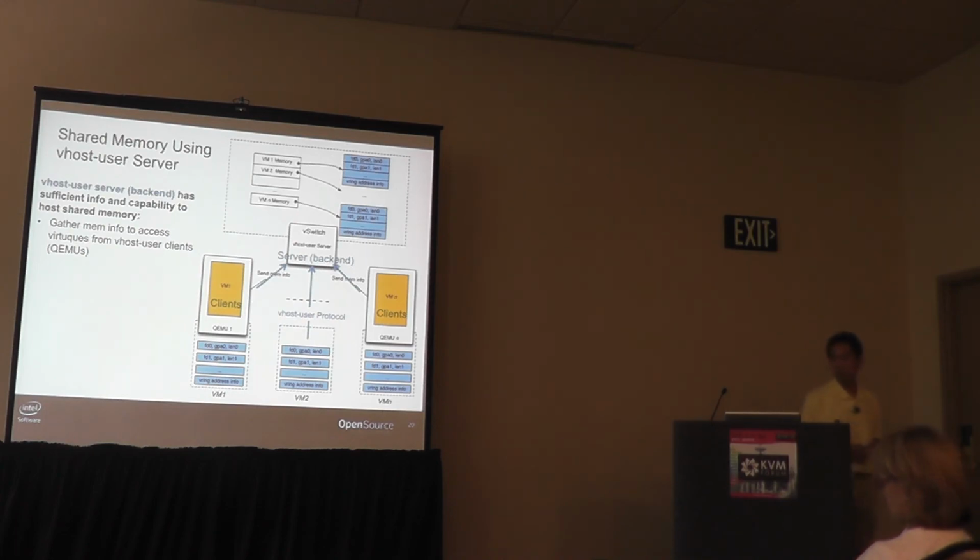What vhost-user basically does is gather the memory information from our QEMUs. QEMU has a file descriptor for the memory region. Maybe it's hard to see, but this says the base address of the guest memory, and then the length. So it's basically a memory map table. The vhost-user server gathers such information from the QEMUs.